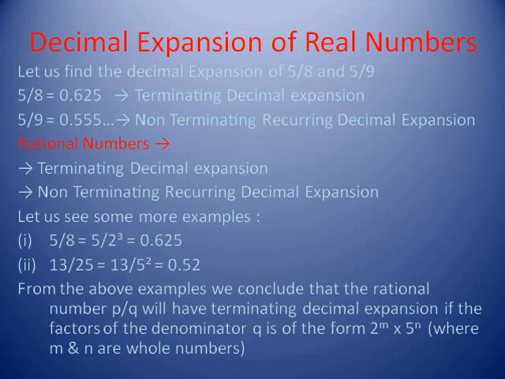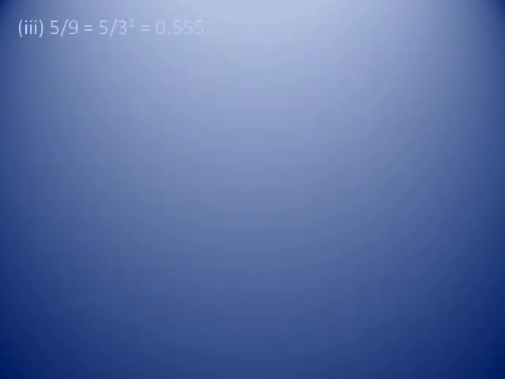Now let us see one more example here, that is 5 by 9. So this is equal to 5 by 3 square, which is equal to 0.555. So here we saw that the decimal part is repeating and the denominator is not having either 2 or 5 as factors.